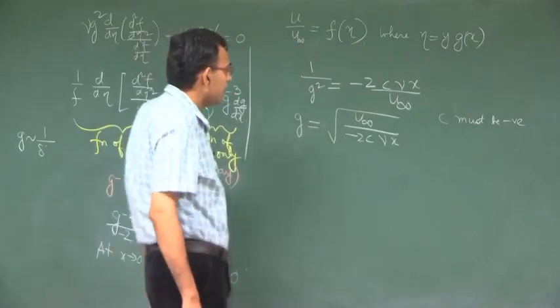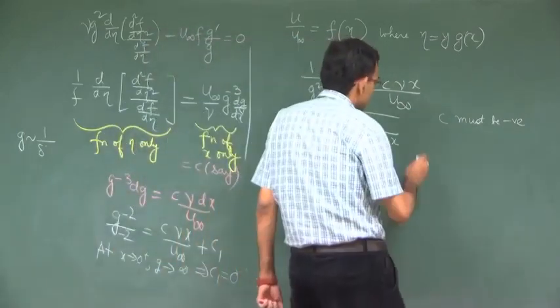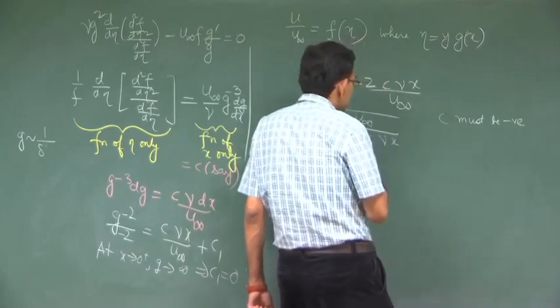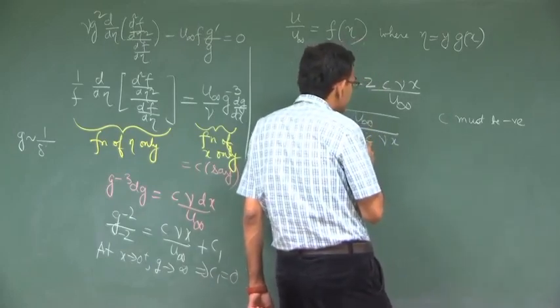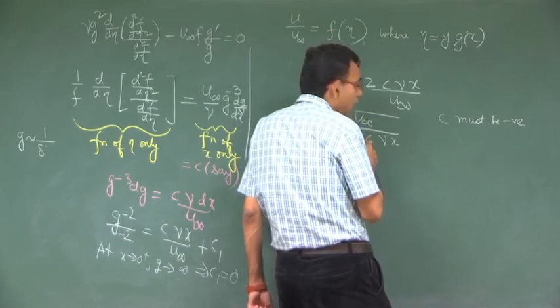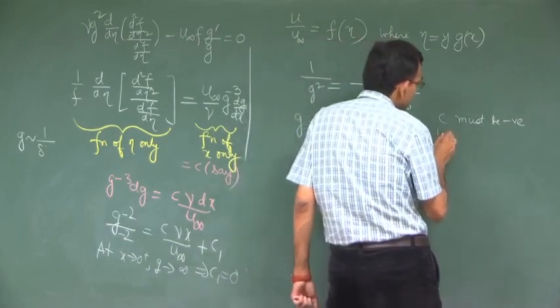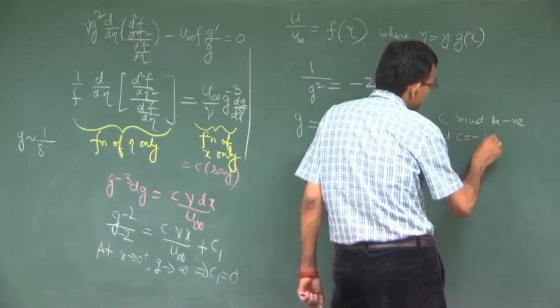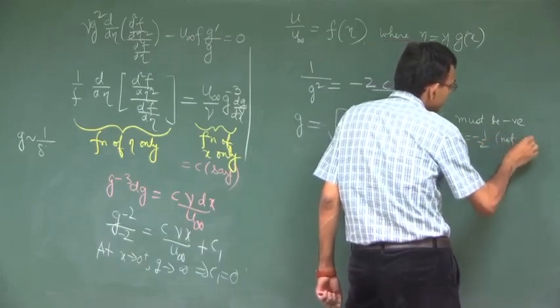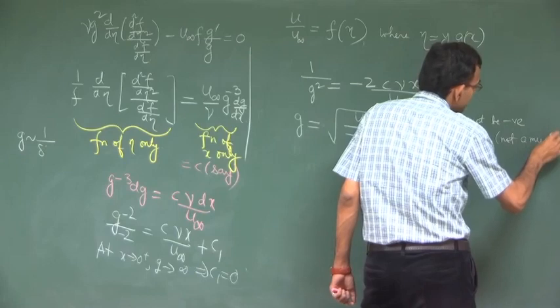So, if c is negative, we could choose c, a good number, maybe c is equal to minus half or minus 2, like that. So, let c is equal to minus half, this is not a must, but you can choose this.